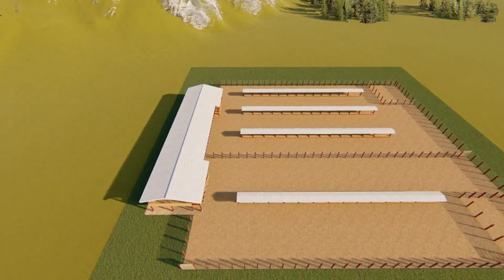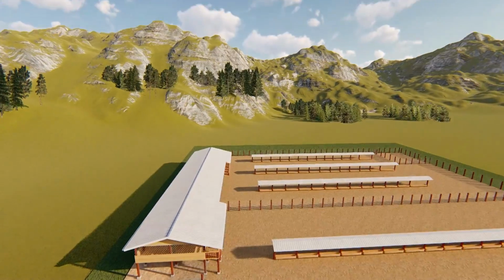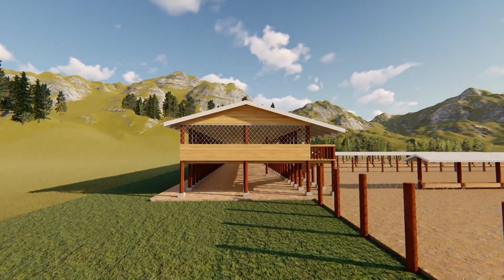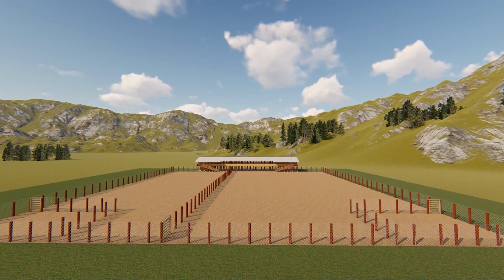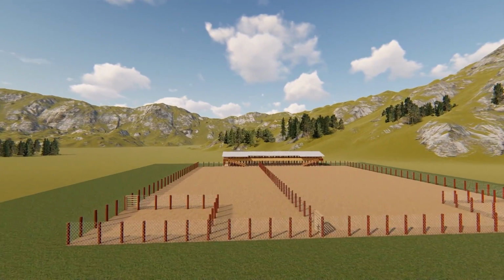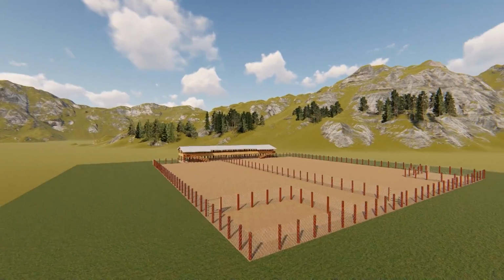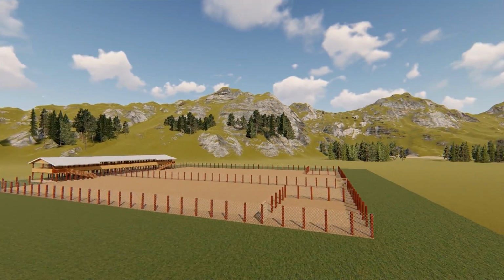So that's why we always advocate for you to put the isolation section in a different area which is not attached to the main structure. Then when it comes to the play area, all the structures have the play area and the spraying crush. You can spray your goats from outside or inside.